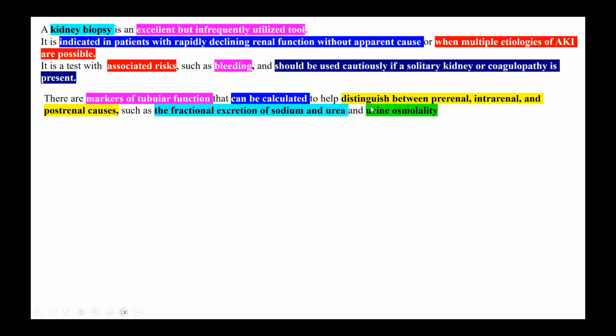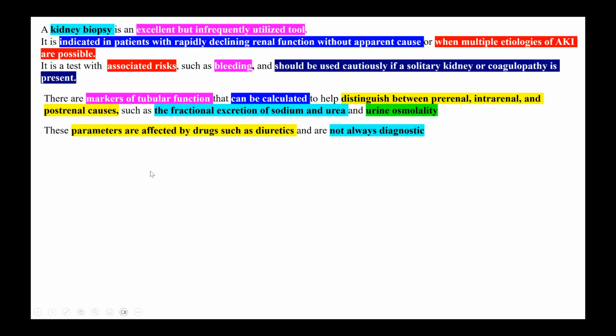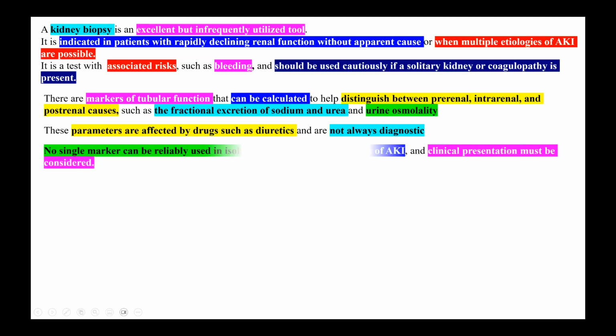So these tests are useful only if you suspect intrarenal problems like ATN. These parameters are also affected by drugs like diuretics, so that is the reason why they are not very popularly used in assessing AKI.